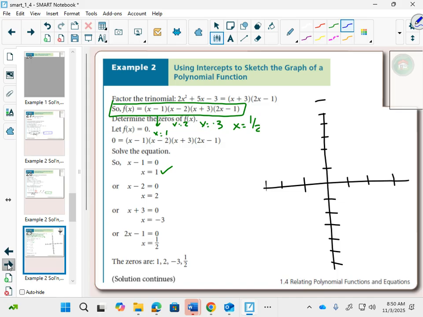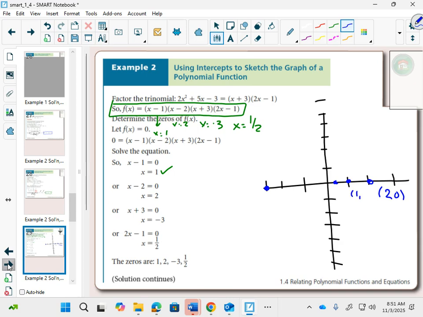So what did we find? We found out that there's an x-intercept at 1, an x-intercept at -3, an x-intercept at 2, and an x-intercept at 1/2.